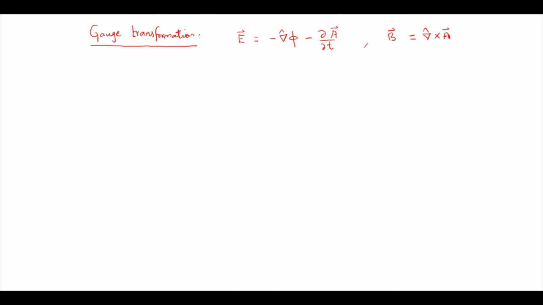Now this phi and A can be transformed to new potentials. Phi goes to phi prime, which is equal to phi minus partial by partial t of some lambda. Lambda is any arbitrary function, which in general depends on position coordinates and time. Here it includes time, okay.